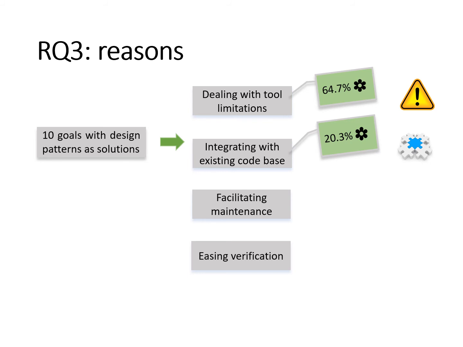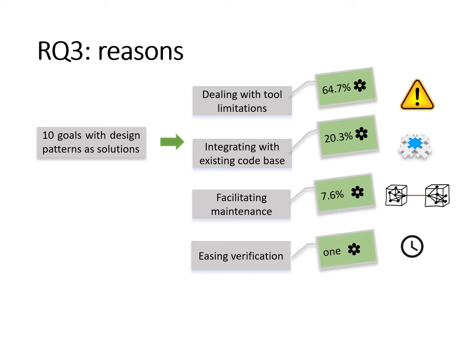Since the company has a large portion of software developed with a traditional coding practice, around 20% of flowers are used as a part of design patterns to integrate models with those existing code-based components. We also found a small portion of flowers are there for facilitating developers' long-term maintenance goals, such as low coupling and less code changes.